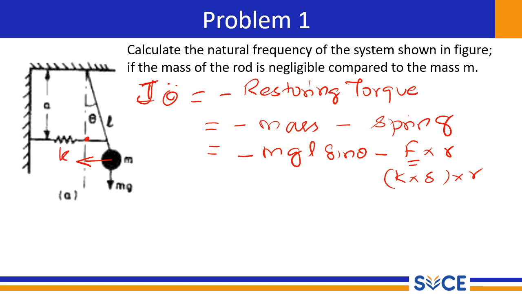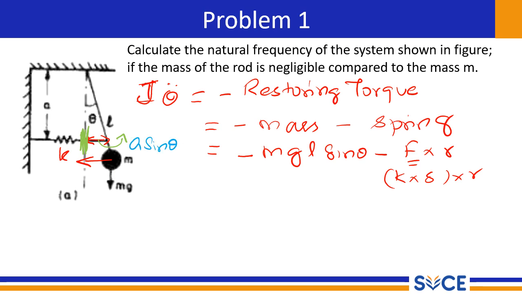If this is the initial position, there is no deflection. Here it is deflected this much. So this deflection is given as A sine theta.